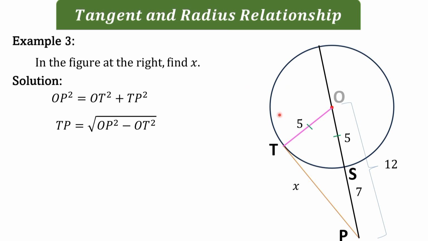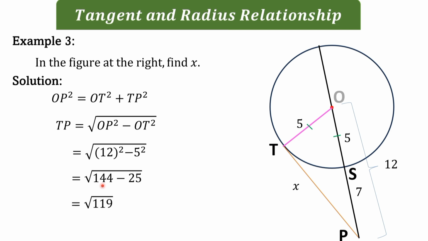Finding the unknown length of TP, which is equal to the square root of OP squared minus OT squared, which is equal to the square root of 12 squared minus 5 squared, is equal to the square root of 144 minus 25, equals the square root of 119, and the length of TP, which is x, is approximately 10.91 units.